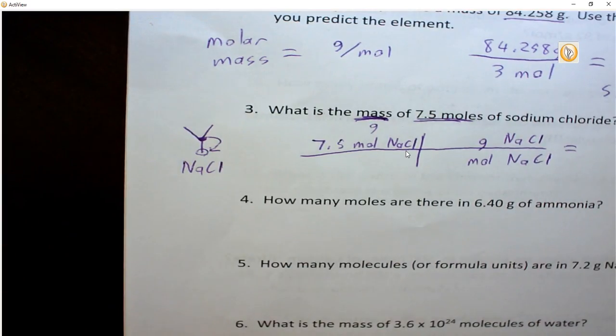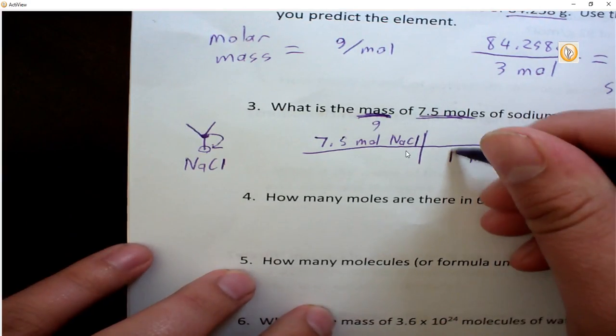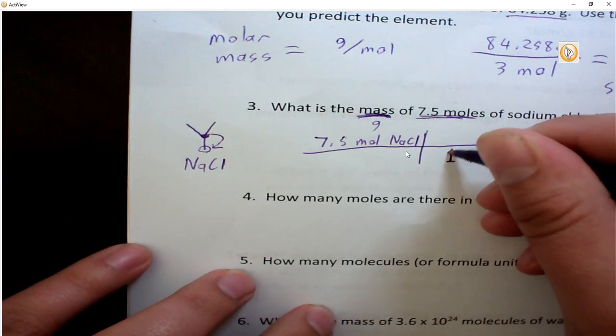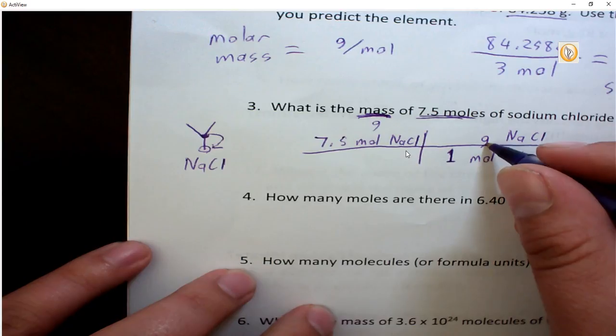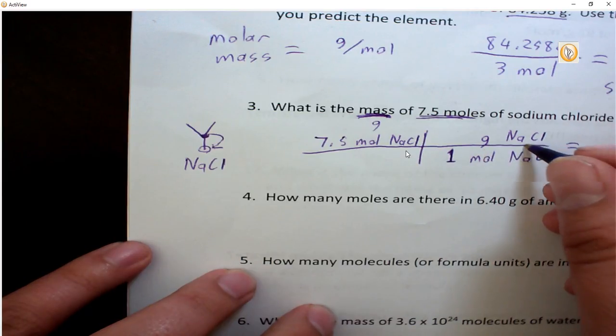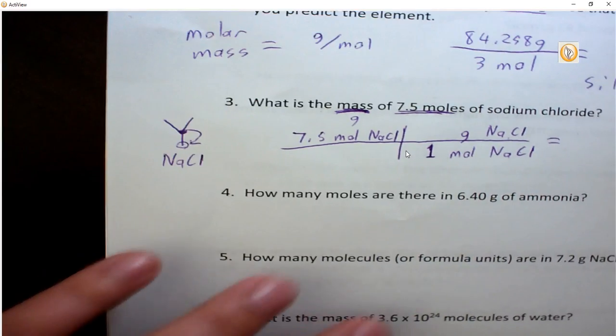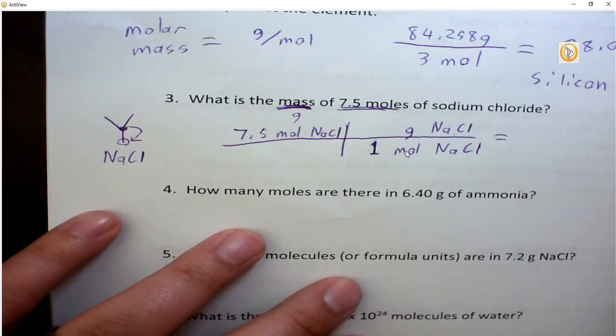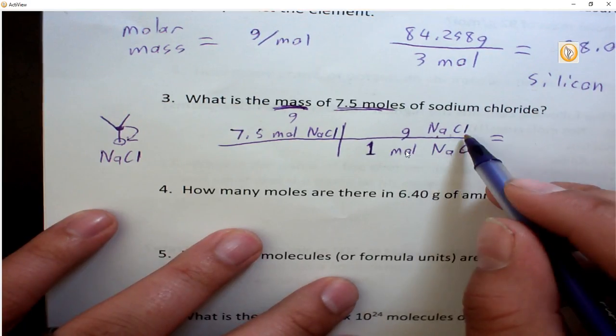Now, according to our rules, anytime we see moles, if it's not moles over moles, we put a 1 in front of it. In grams, anytime you see grams, we need to find the molar mass of whatever is following it. So, just like up here, we only have 1 sodium and 1 chlorine.